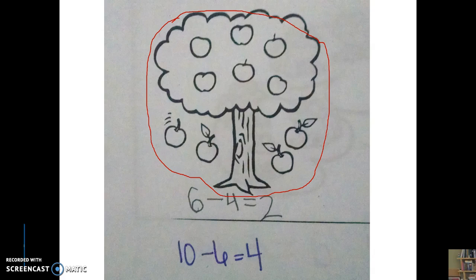And I have no idea who is right here. I think the student is right, because these little tiny lines right here indicate that these apples are falling. From this image, I think that means this apple fell out of the tree, and these are all falling apples. So we had 6, and then 4 of them fell out, and we ended up with 2.